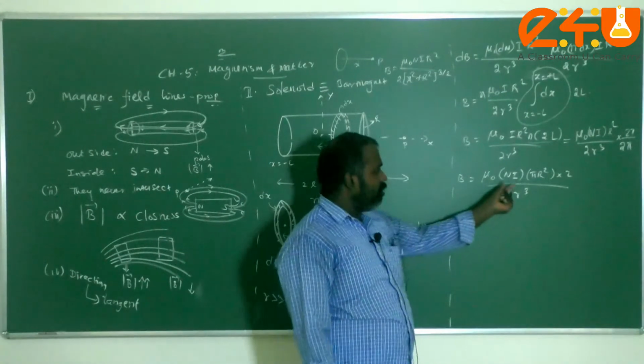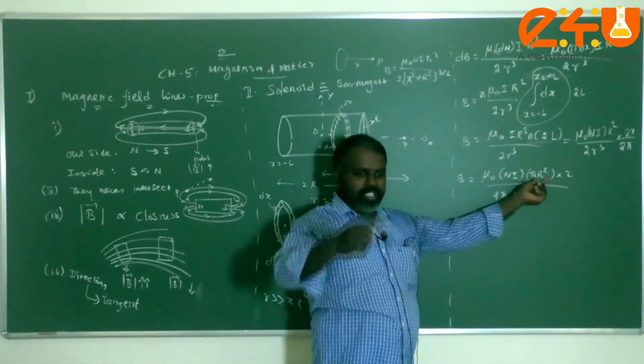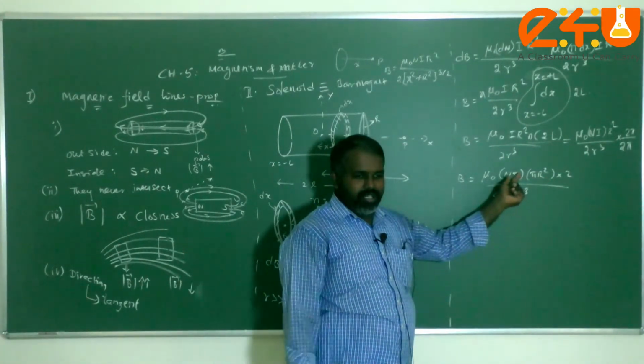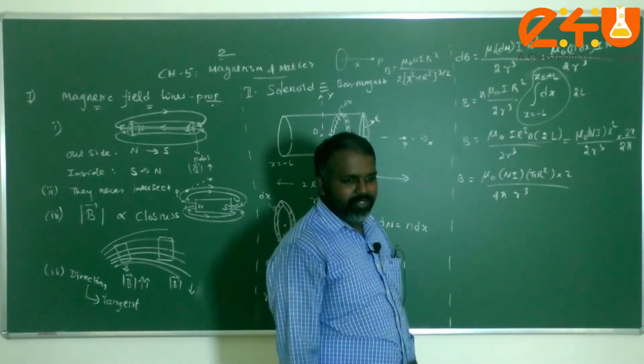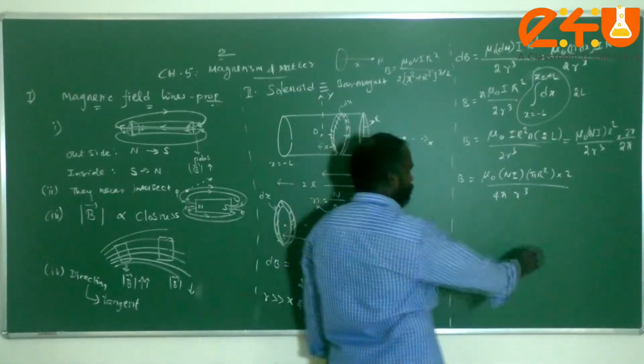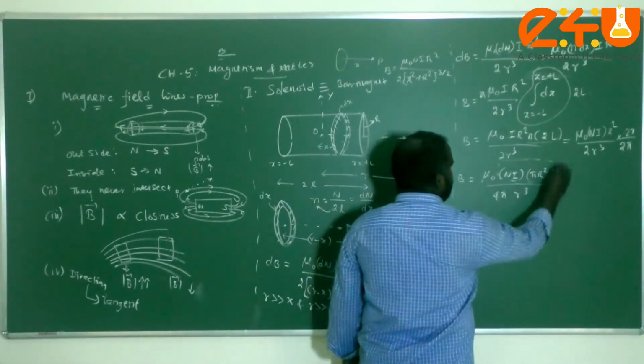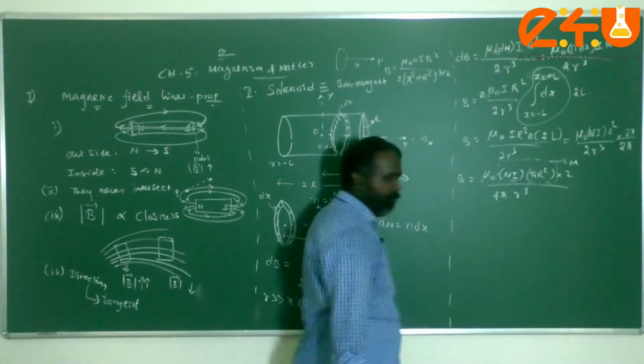This is nothing but the total current and the area of the circular part. We know that current into area is the magnetic dipole moment M vector, as we discussed in the previous chapter. So this term is the magnetic moment M.